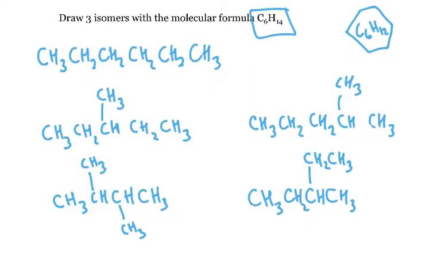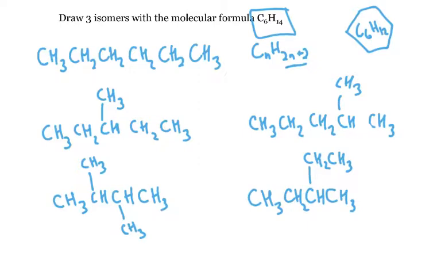And so the sort of formula here for a straight chain alkane, you can tell that it's a straight chain alkane because the formula for a straight chain alkane is CnH2n plus 2. So C6, 6 times 2 is 12 plus 2 is 14. So that tells us this needs to be a straight chain.